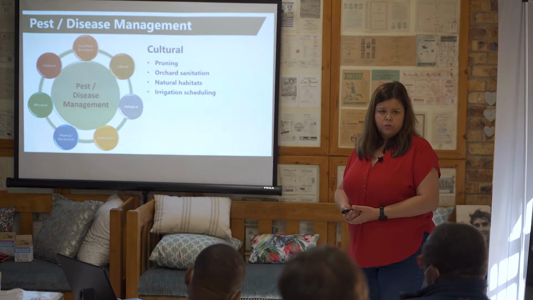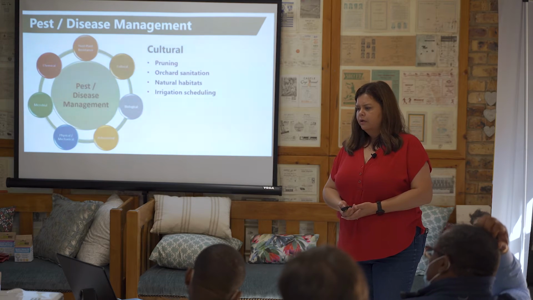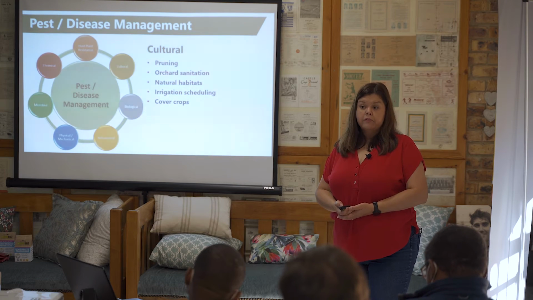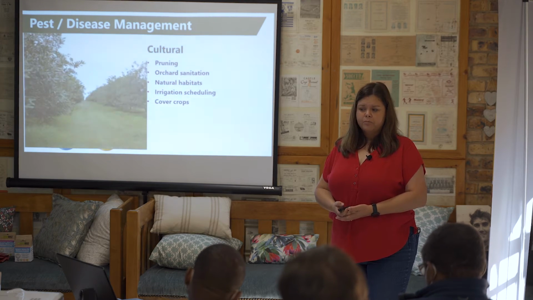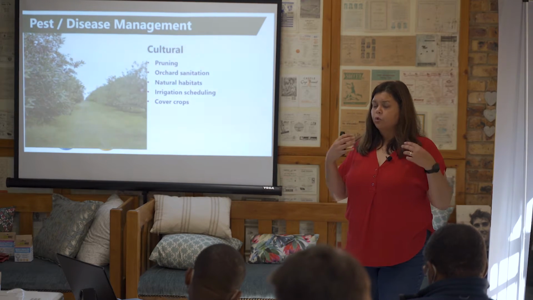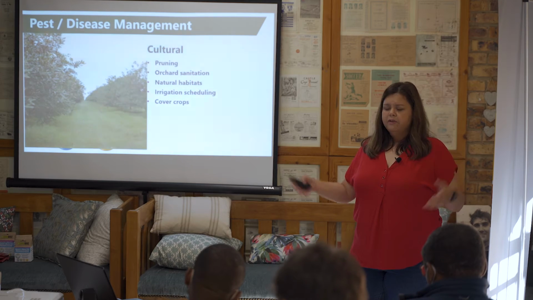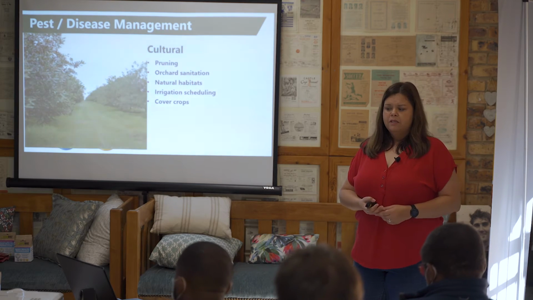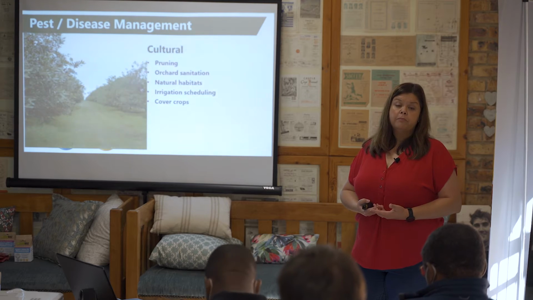Irrigation scheduling can also play a huge role in your yields. Cover crops, a lot of interest at the moment regarding cover crops, making sure that the soil is not completely open, that there's always roots in the soil, even between your rows. Some of these crops can add a lot of benefit.